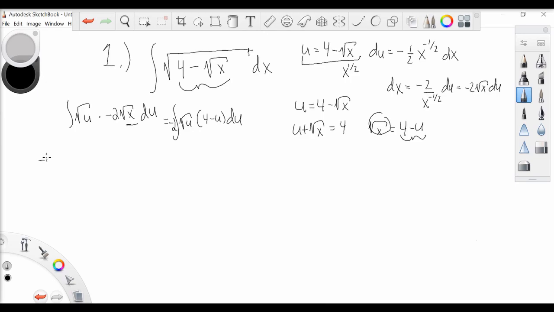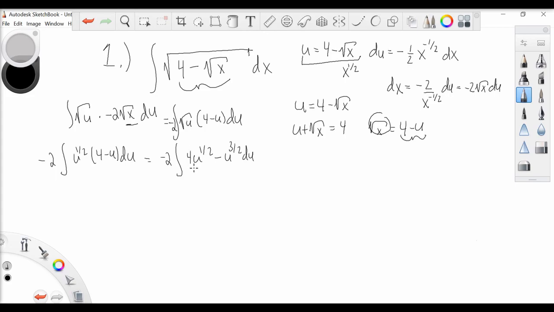So we have minus 2 u to the 1/2 times 4 minus u du. Now distributing, we have minus 2, then we have 4 u to the 1/2 minus u to the 3/2 du.